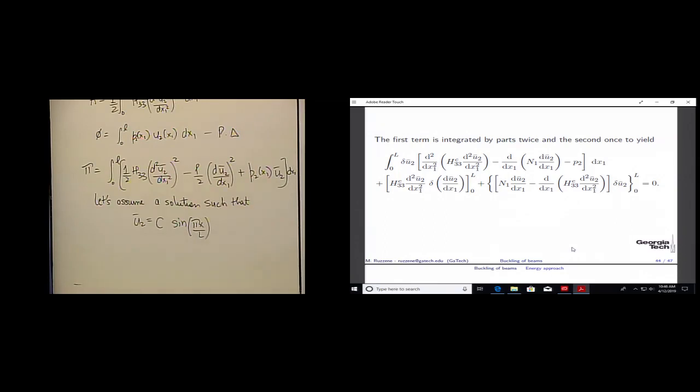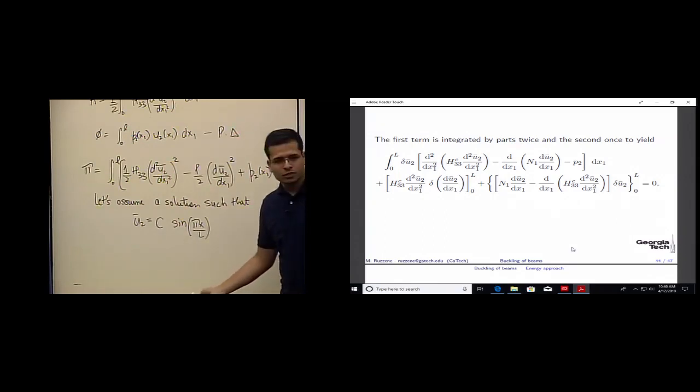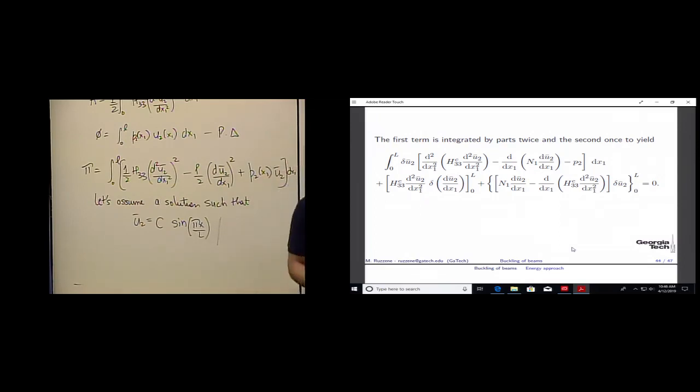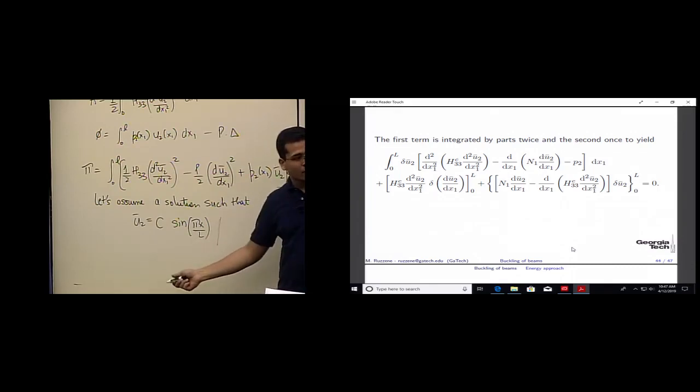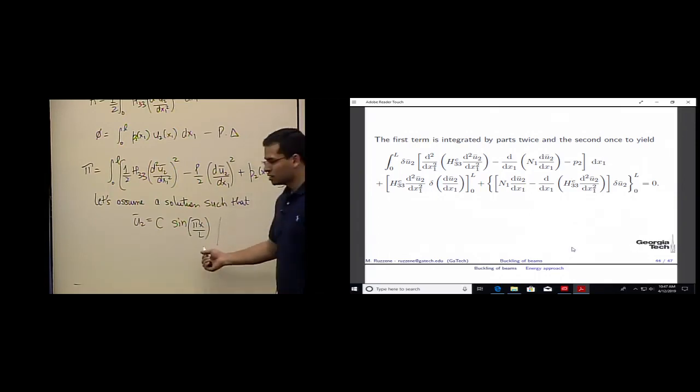There are two reasons. One, in the last class we saw that when we solve this problem we get an expression like this as the displacement, but that's not a very good reason. So this expression satisfies my geometric boundary conditions, right? When my x is 0, this expression is 0.